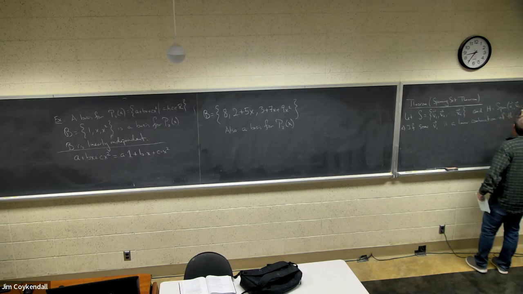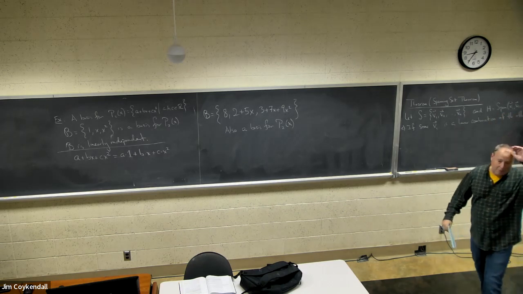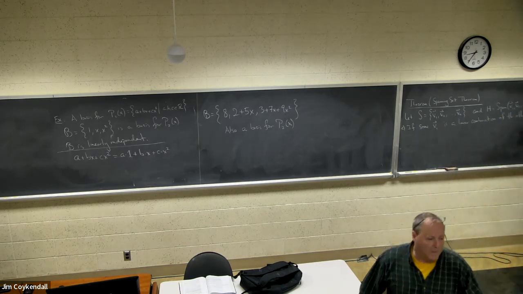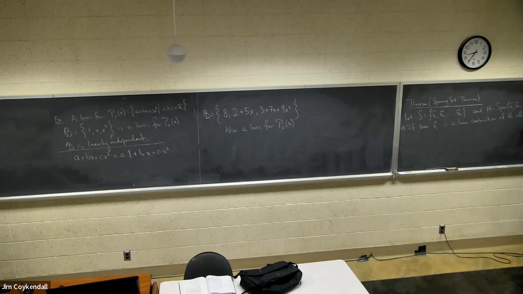Okay, so if one of the vectors in here is a linear combination of the others, by the way, somebody paraphrase me. What am I saying about that set v1 up to vk? I am saying that that set is linearly dependent, because one of those things in there is a linear combination of the others. Agreed?